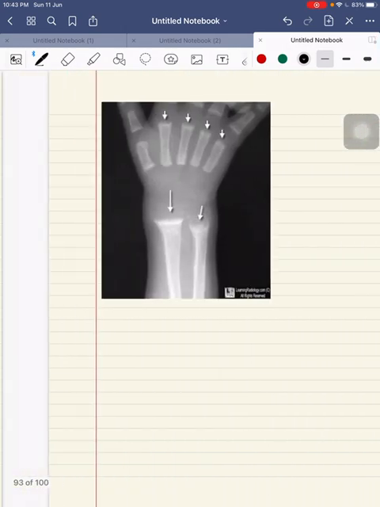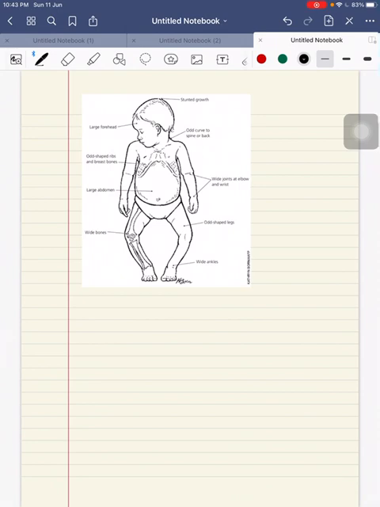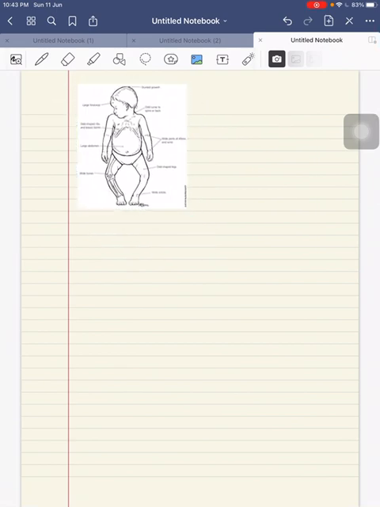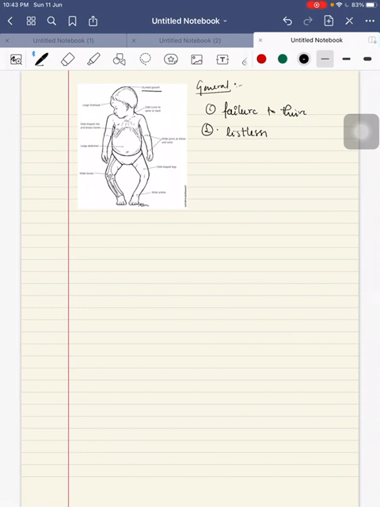Next, we'll go into the clinical manifestations. So in clinical manifestations, generally, the child will have stunted growth. One, it can be failure to thrive. Second, the child will be listless.